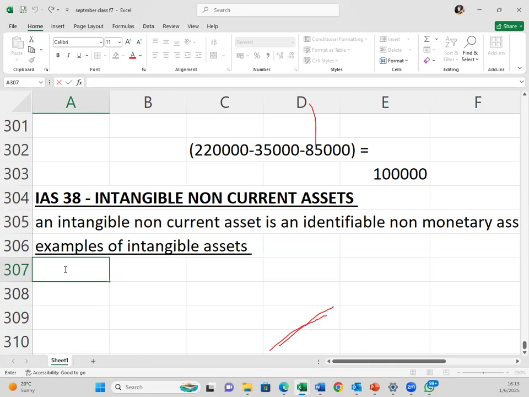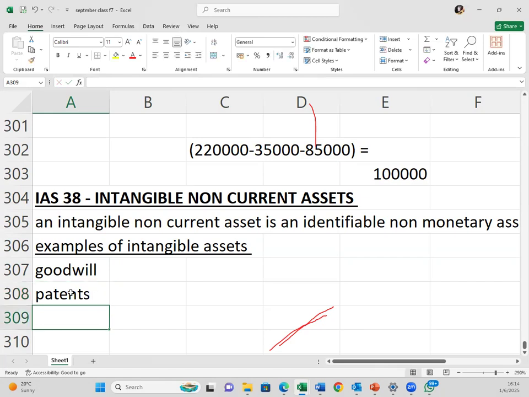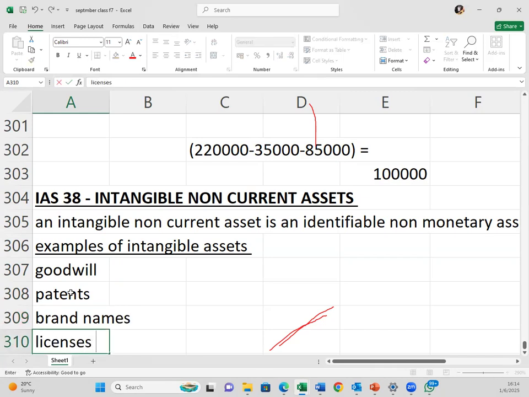Goodwill. But we'll talk about the goodwill there, there are issues regarding the goodwill. But we have goodwill, we have patents, we have brand names, we have licenses. So these are some examples of intangible non-current assets.